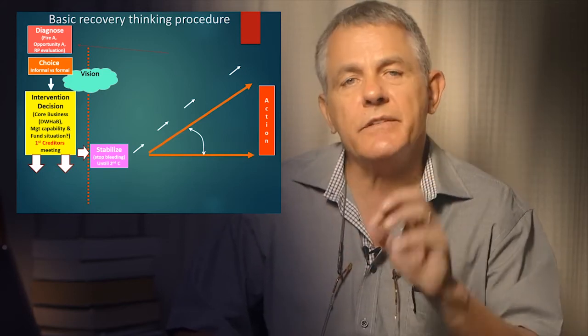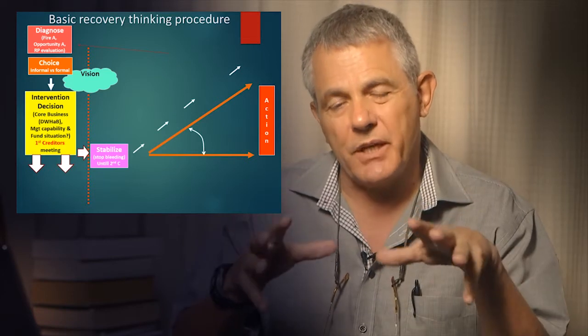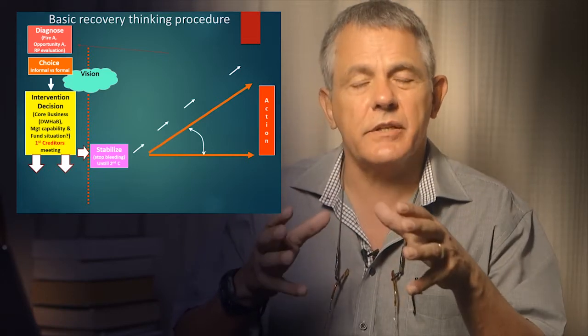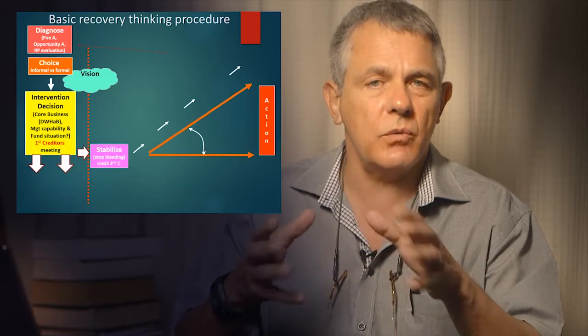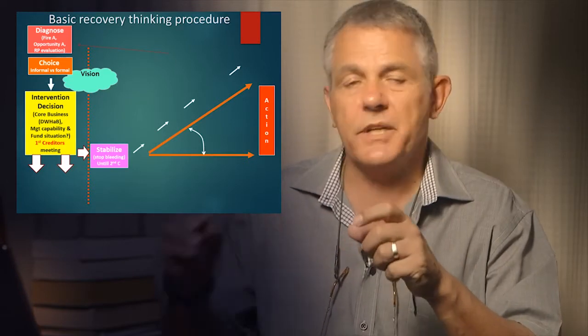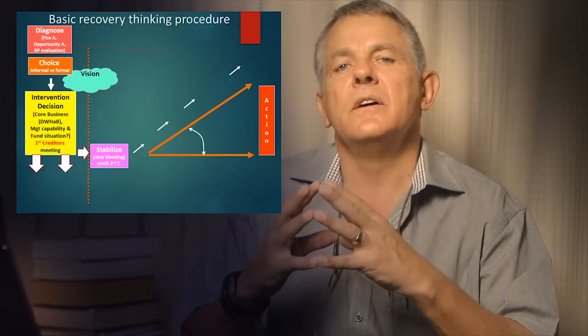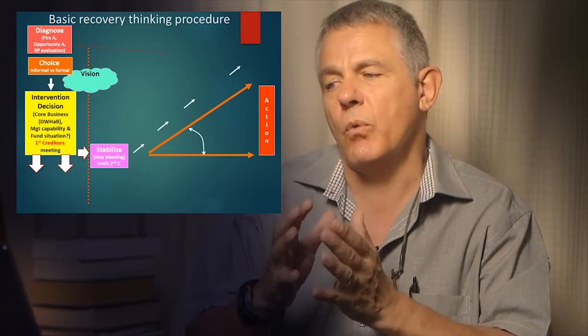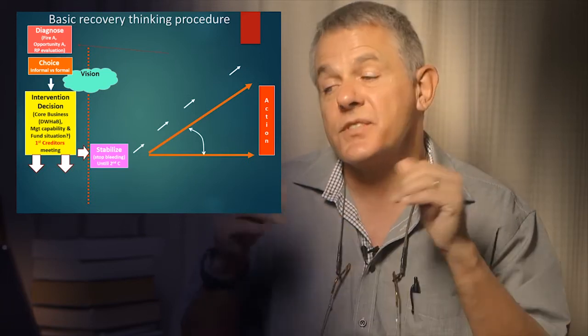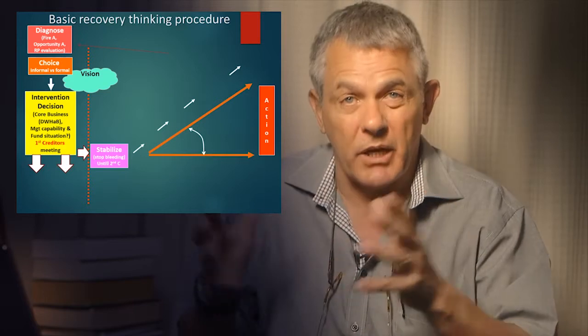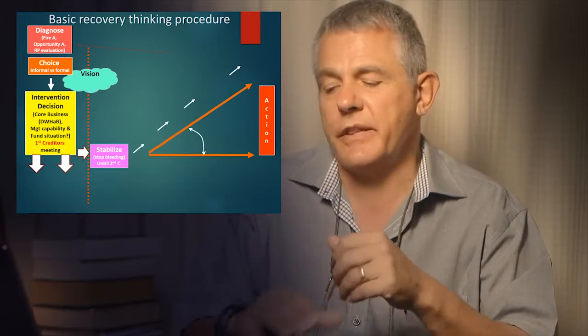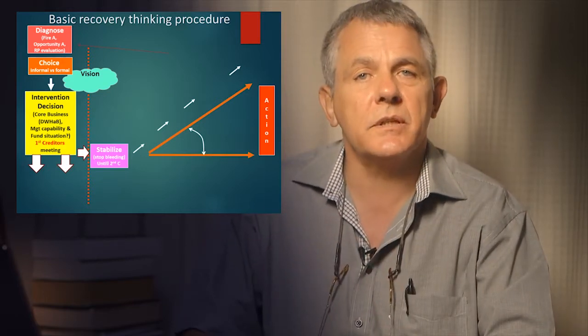Initially, when we did the intervention decision, we looked at the basics and said, well, is it illiquid? Is it insolvent? What is the status of the business? But here we confirm the detail of the fund situation. So it is a more advanced analysis. Sometimes one can call it a feasibility, because that is one of the things that, for example, the rescue practitioner must also do.